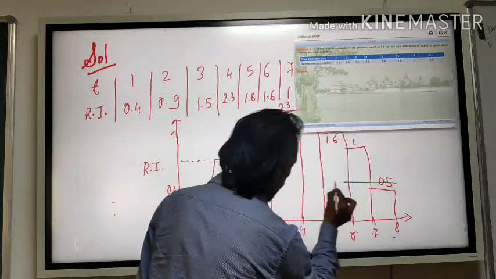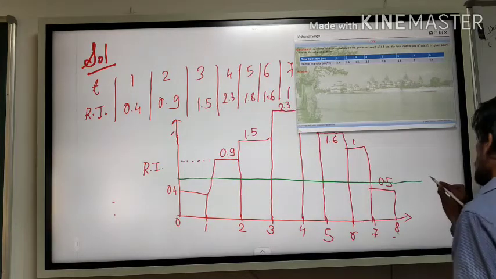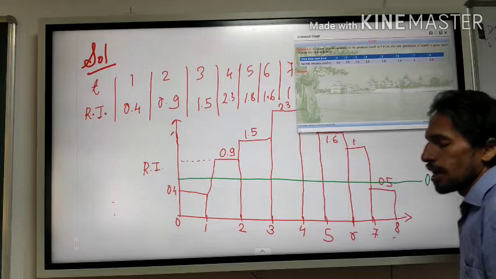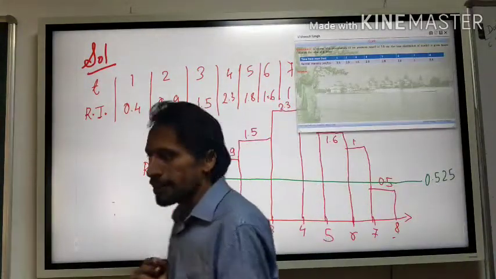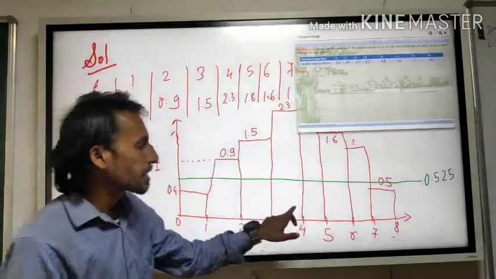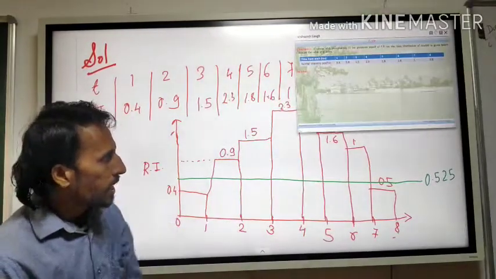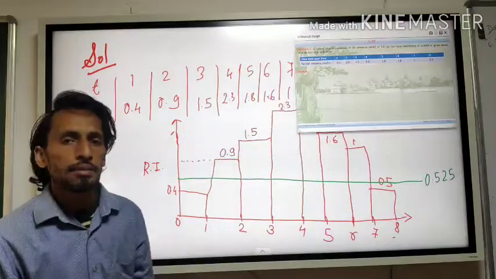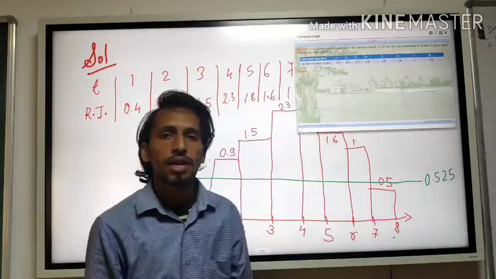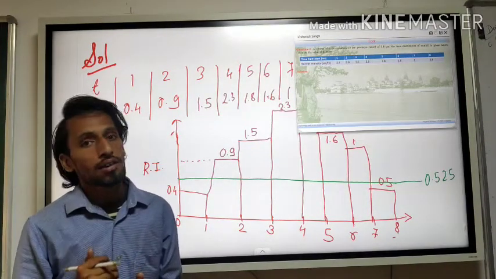It's like this. This rate was 0.525. Now if you observe here, you have taken this area, this area, this area, this area, you have taken everything, and this value 0.525 is calculated based on this one and this one, and these values are not producing runoff.